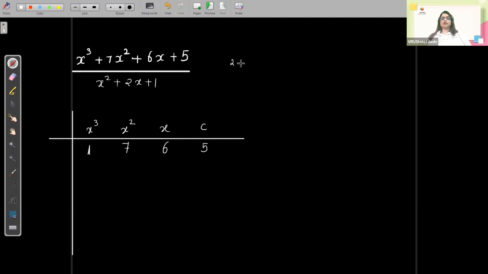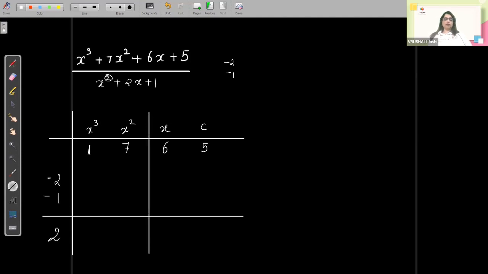What is the coefficient of x? 2. And what is the constant? 1. So you take the opposite of it. -2 and -1, correct? Therefore, -2 and -1. Now comes the degree part. Degree of the divisor is 2. So you'll write the 2 here. Okay, until here so far, everything okay? And you'll leave 2 numbers from the right to show the remainder side. I think arrangement both of you got or no?